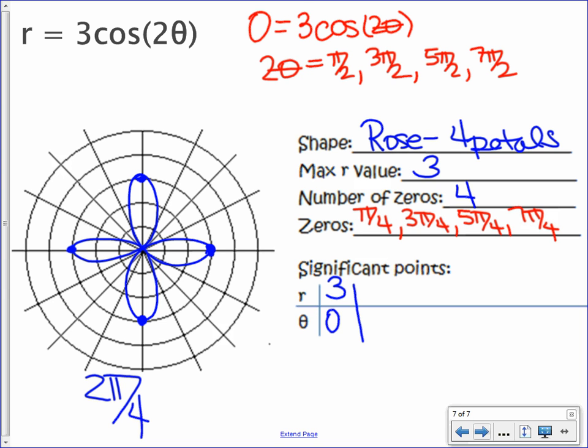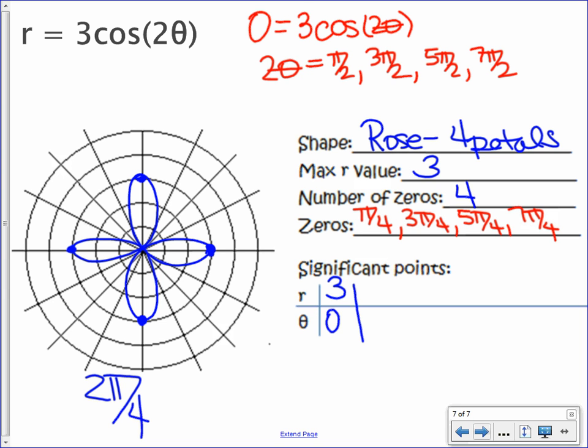Questions on those zeros? Okay. Remember how I said some of these graphs will take 0 to pi to draw them. Some of them will take 0 to 2 pi to draw them. I'm really not concerned if you pick up on that or not, as long as you can get me the graphs.